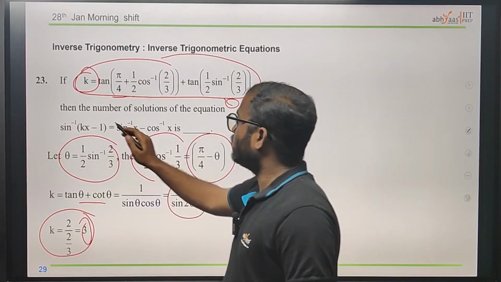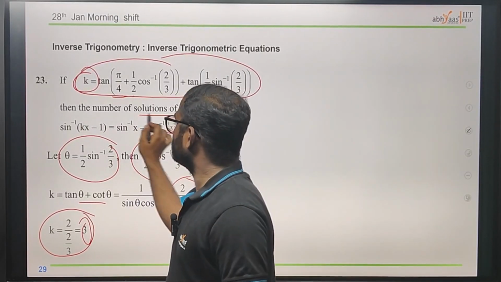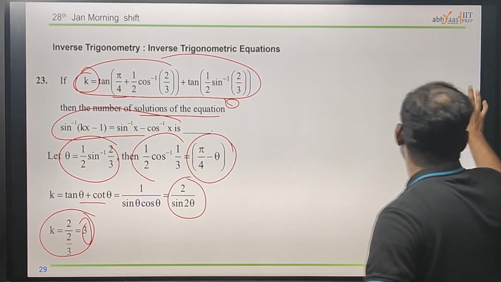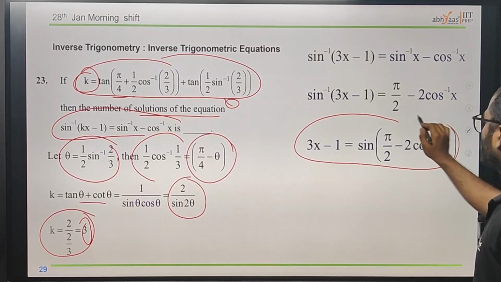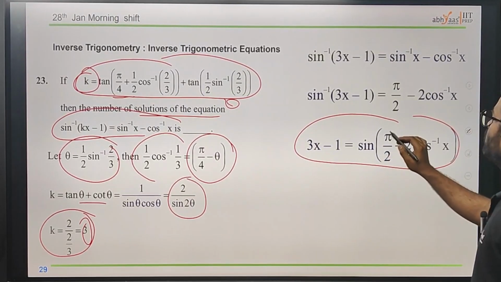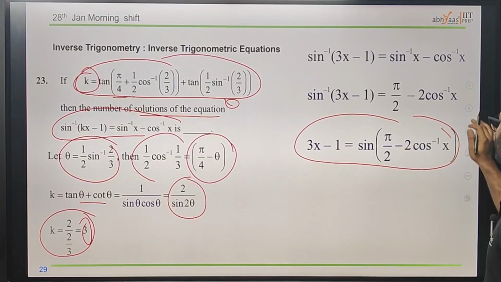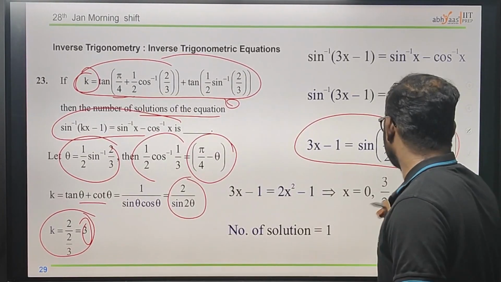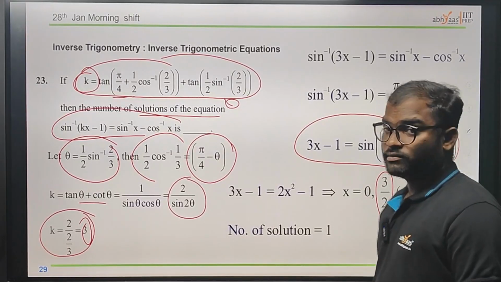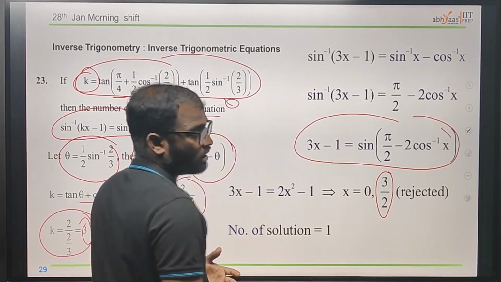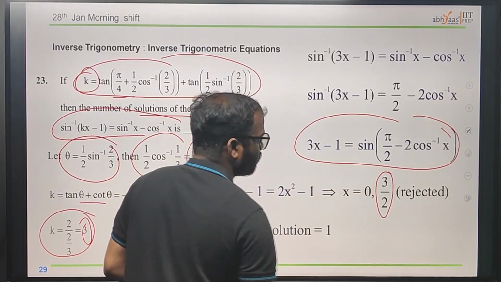Now we need to find the number of solutions of the equation. Just put in the k value, and we get this situation: 3x minus 1 into sin of pi by 2 minus 2 cos inverse of x. Since sin inverse x lies between minus 1 and 1, we cannot take 3 by 2, which is 1.5.